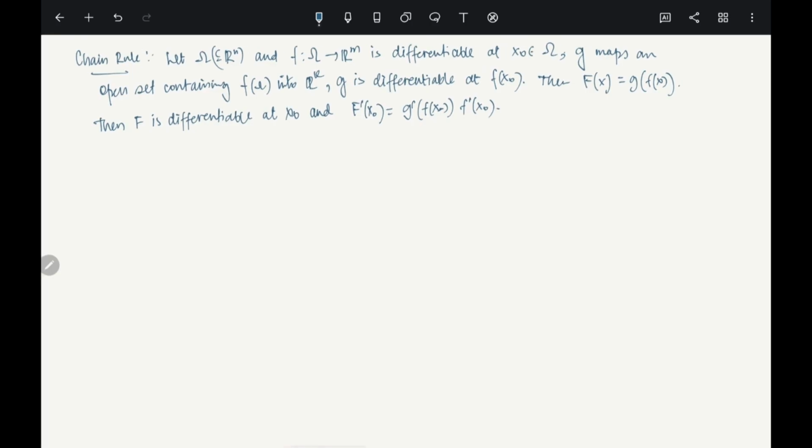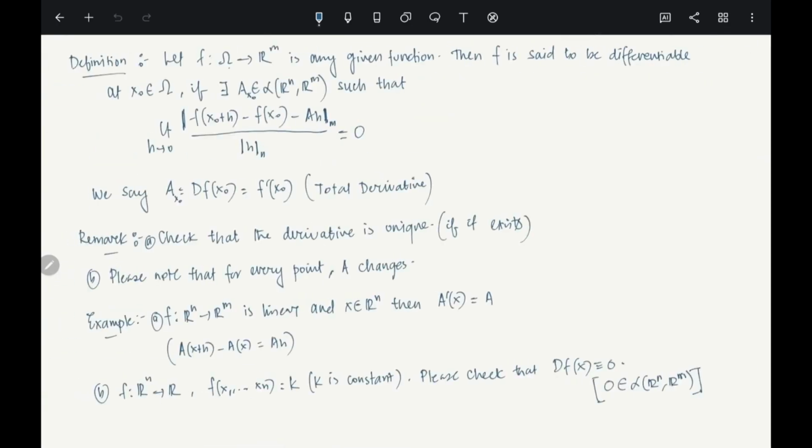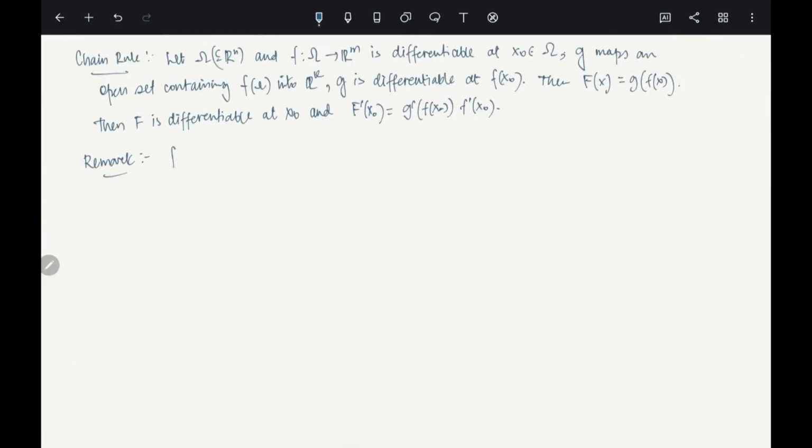Okay, so another small remark before I move on to the other important parts, which I forgot to put here. You see, if f from omega to Rm is differentiable at the point x0, then you have this df x0, which is a linear map from Rn to Rm.